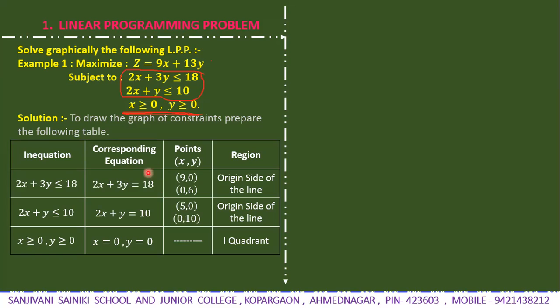Now we must get two points on the line so that we can draw the line. How can one convert this into double intercept form? 2x upon 18 plus 3y upon 18 is equal to 1, so x upon 9 plus y upon 6 is equal to 1.